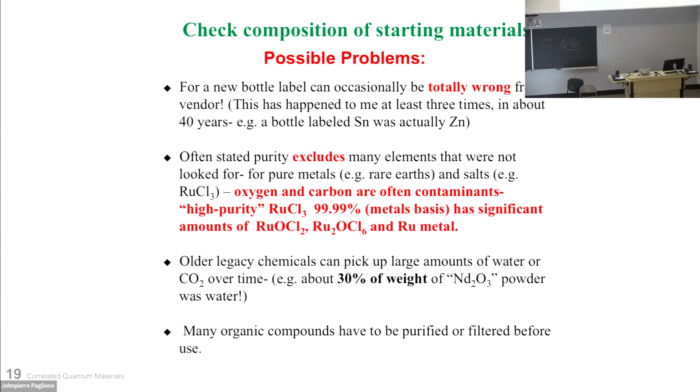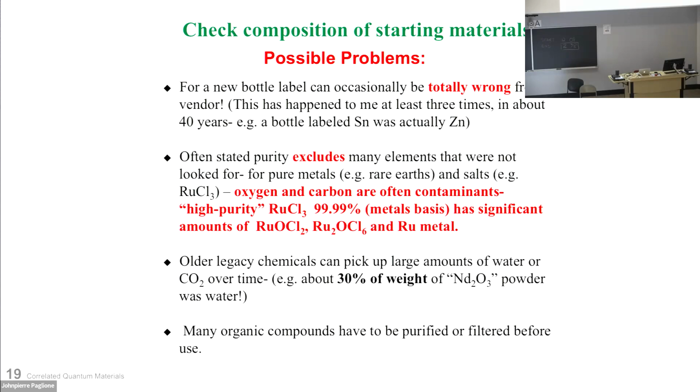This goes back quite a ways to the time of the cuprate superconductors, when I was trying to make a neodymium copper oxide material. We had a huge, like 5 kilogram or 3 kilogram container of neodymium oxide, a nice light blue color. But about 30%, maybe 40% of the weight of this powder was actually water.